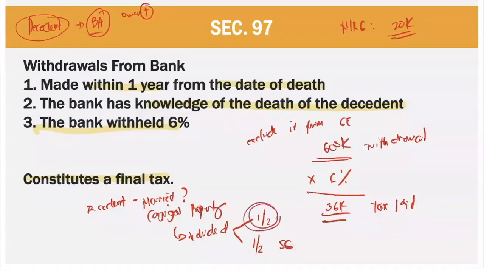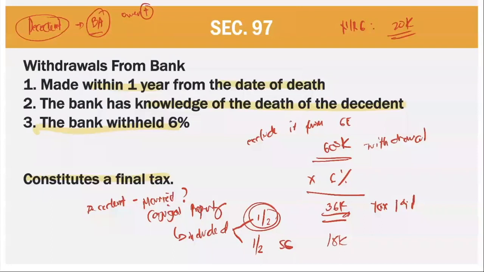So in short, what should be taxed must be only one half of that. But since under the rule, you must withhold directly 6% out of that withdrawal, then you paid 36,000 out of that. But it should have been only one half of it, 18,000. So you are taxed more because of this rule.